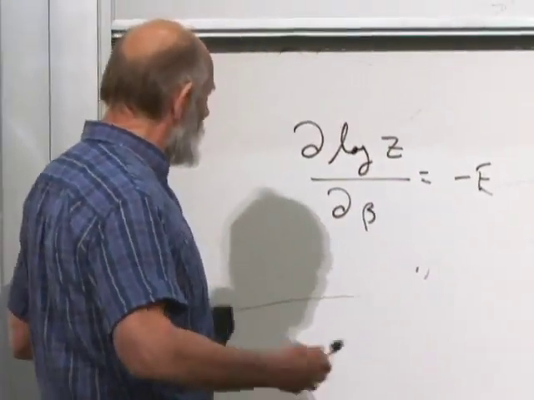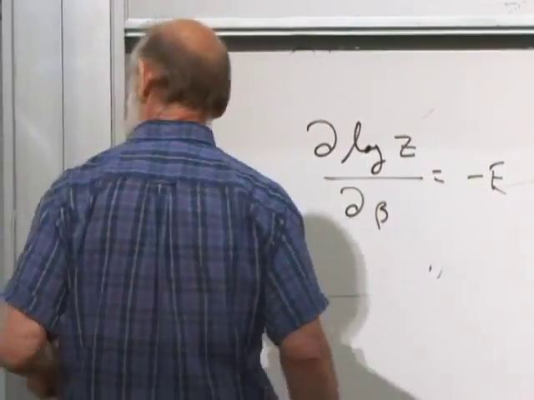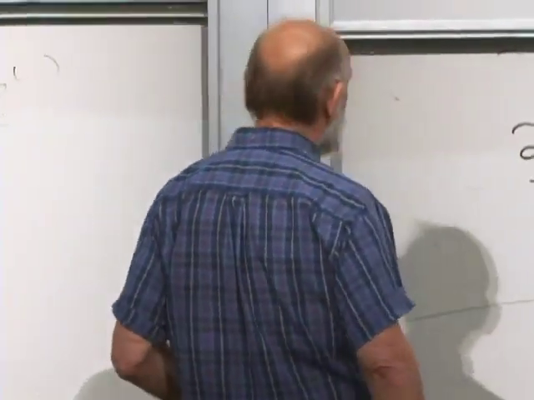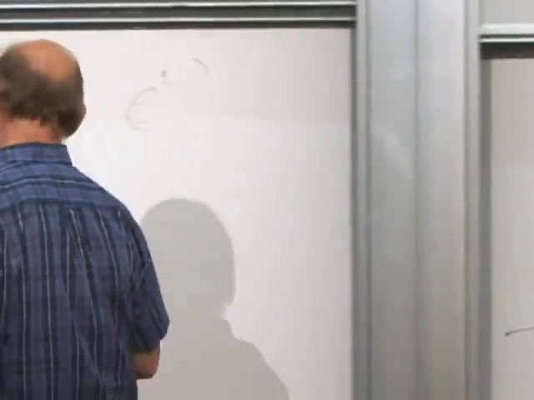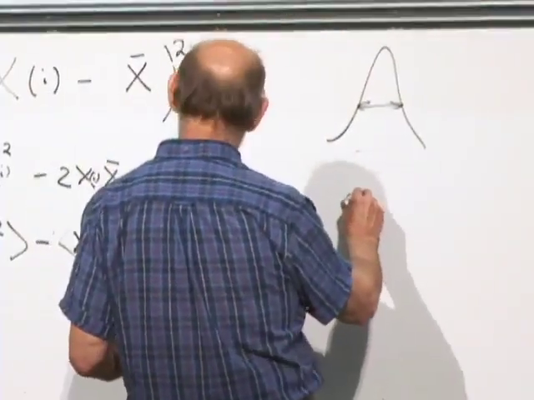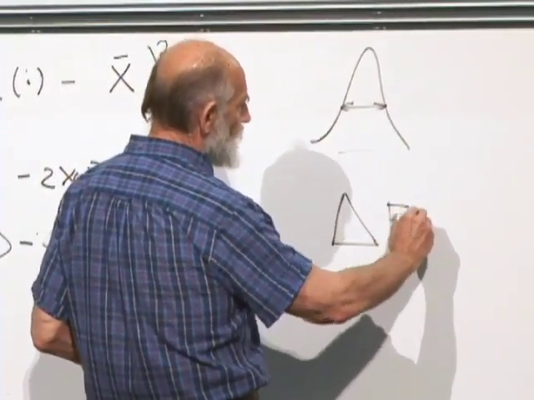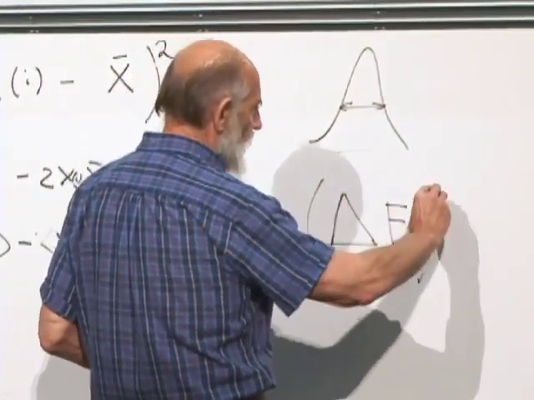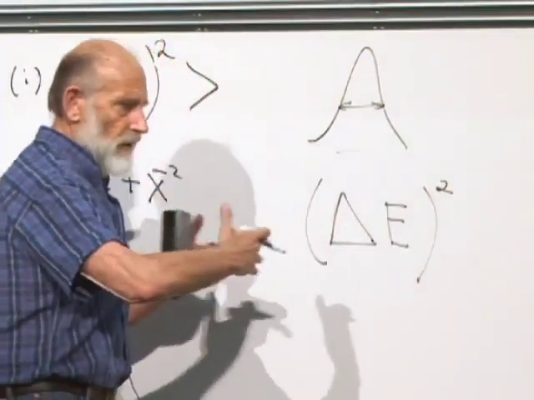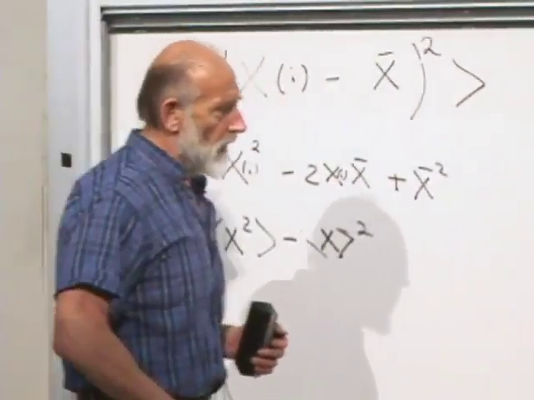But let's do a little more with it. I guess I can call it the fluctuation in energy squared. Let's think of it that way. The uncertainty, or the spread in the energy squared.